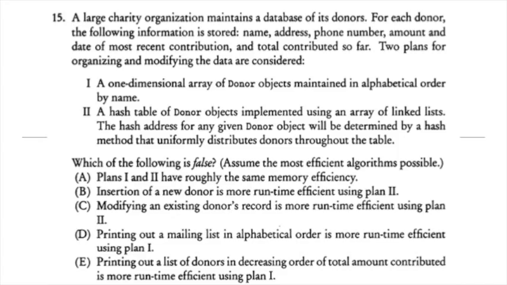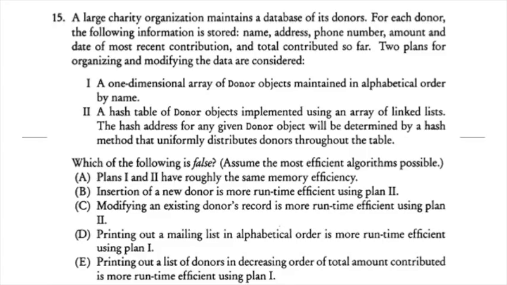Okay, let's compare with the second solution. The second solution uses a hash table of donor objects implemented using an array of linked lists. The hash address for any given donor object will be determined by a hash method that uniformly distributes the donors throughout the table.